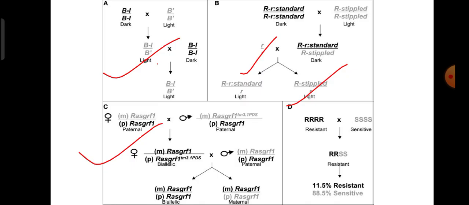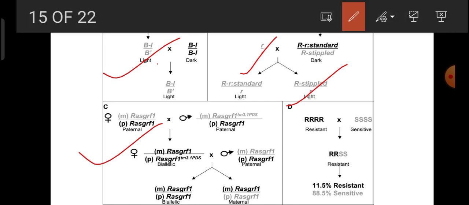See, this is naive B1. This, when the dark one is like this. Okay, to explain it in a better way, this got paramutated. When this is again back crossed, or crossed with a normal dark B1, again you got the light one.